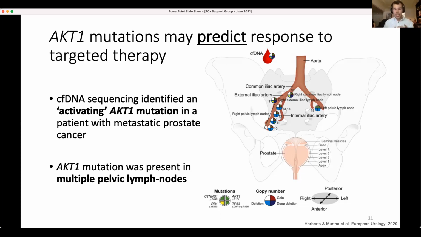So in other words, this mutation was present in high levels using our blood test and also in the patient's tumor tissue. So what this indicated to us is that this mutation was really fundamentally driving this patient's disease.